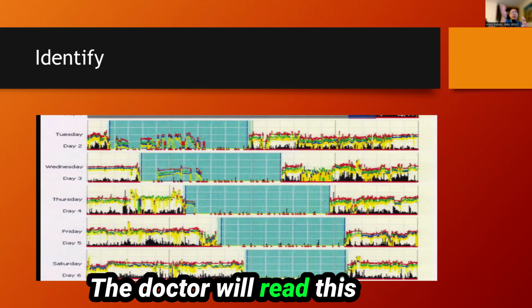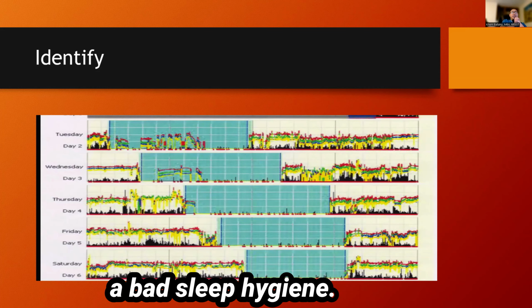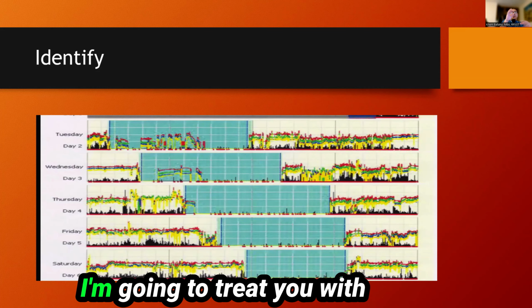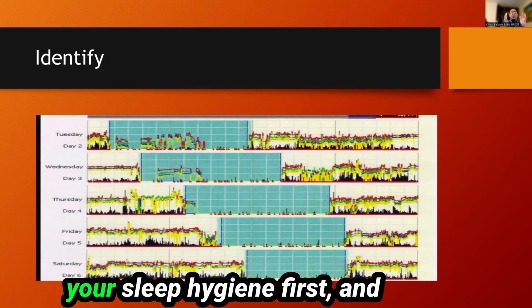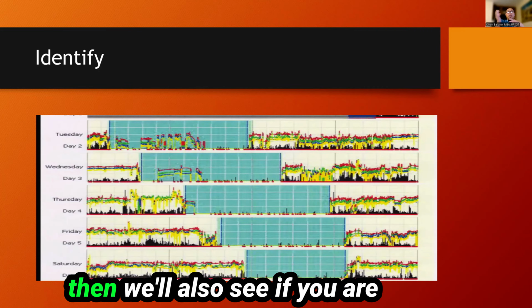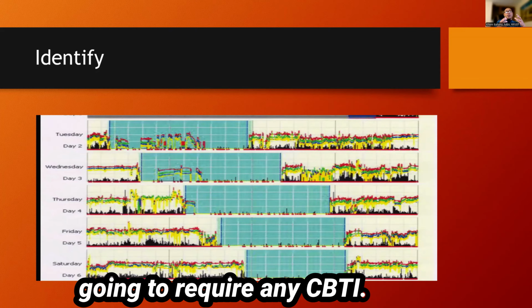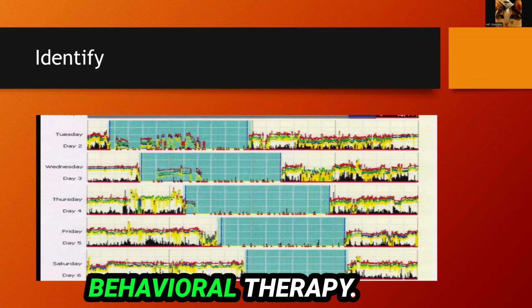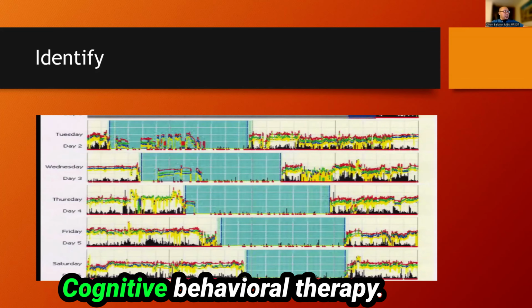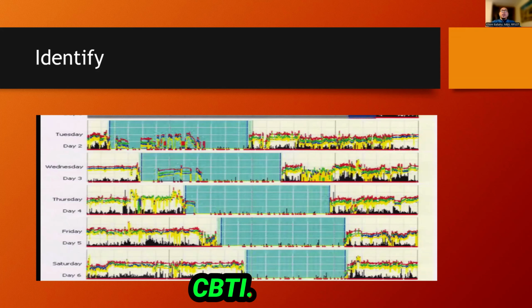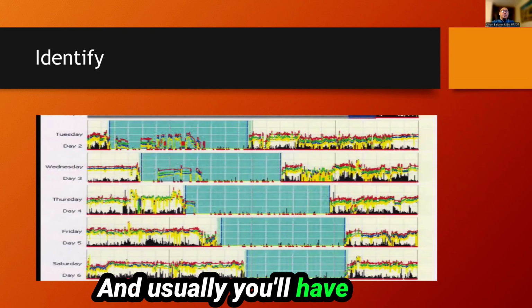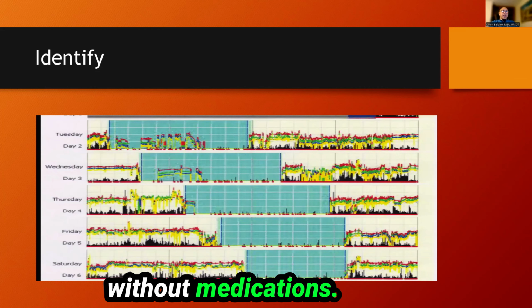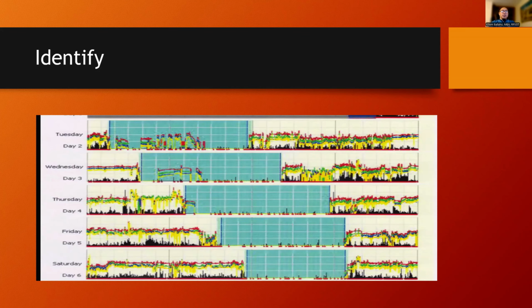The doctor will read this report and say, you have bad sleep hygiene. I'm going to treat your sleep hygiene first, and then we'll also see if you are going to require any CBTI. What's CBTI? Cognitive behavioral therapy, CBTI, and usually you'll have it with medications or without medications, either or.